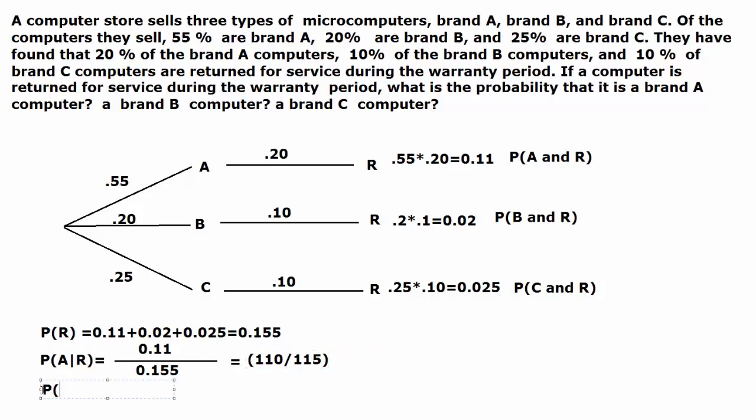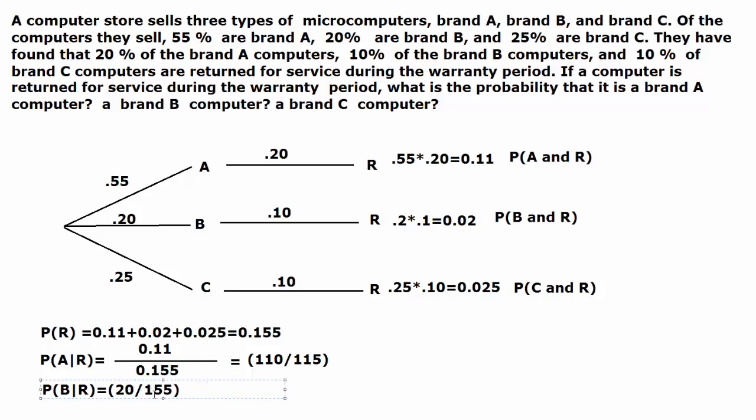Now they are asking that if we are given that a microcomputer is back, what is the probability that it is of brand B? So we look at this branch probability, which is 0.02, and then divided by 0.155, so that would be 20 over 155.